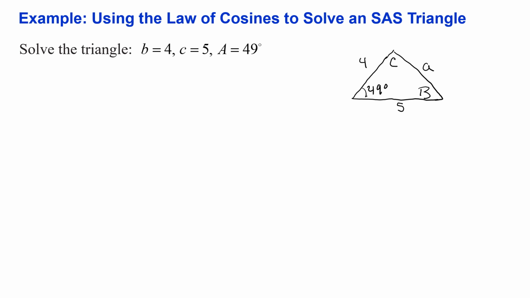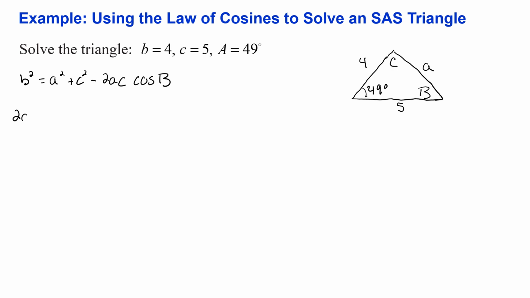Now we will find angle B using the law of cosines. So we can write side B squared equals side A squared plus side C squared minus 2 times side A times side C times cosine of angle B. Now I'm going to solve for the cosine term.